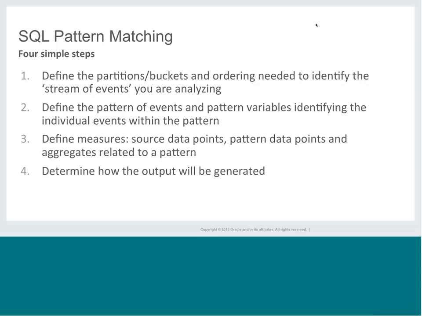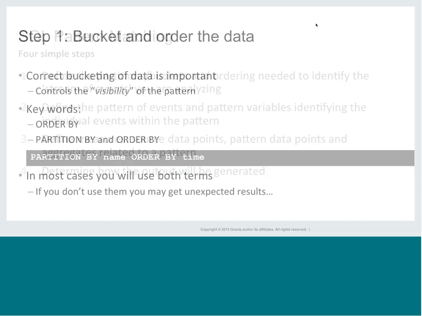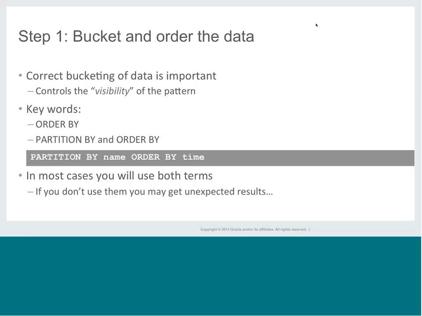So let's quickly walk through this and go through our ticker stream. So step 1, we need to work out how the data needs to be organized to expose the visibility of this pattern to our pattern matching process. So we have keywords such as partition by and order by.